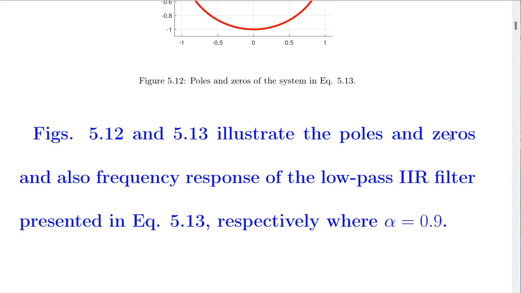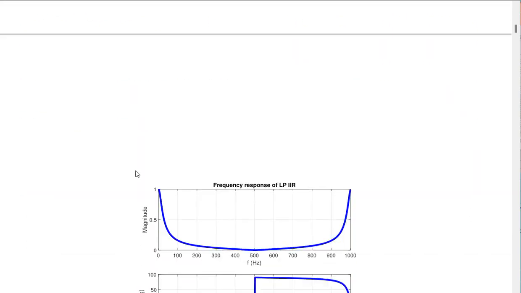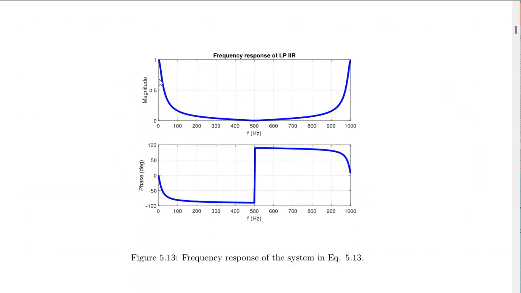Figures illustrate the poles and zeros and also frequency response of the low-pass IIR filter presented in equation 5.13 respectively, where alpha is assumed to be equal to 0.9. You see here the form of low-pass filtering for IIR, a much better shape compared to the FIR frequency response.